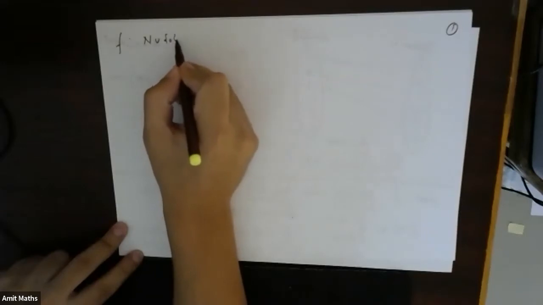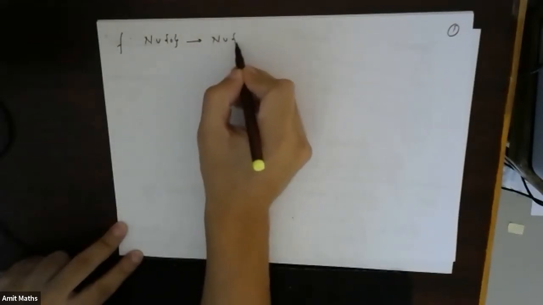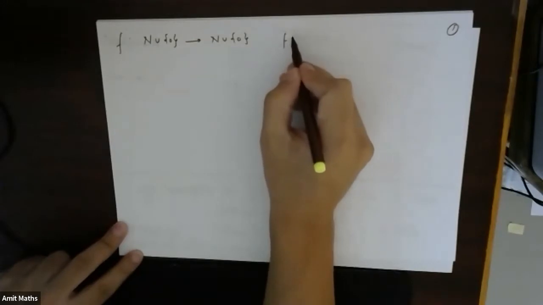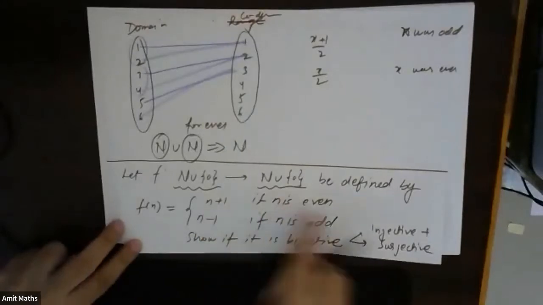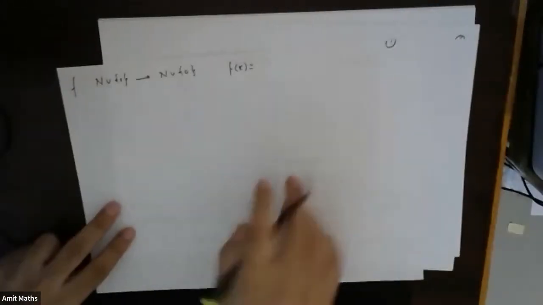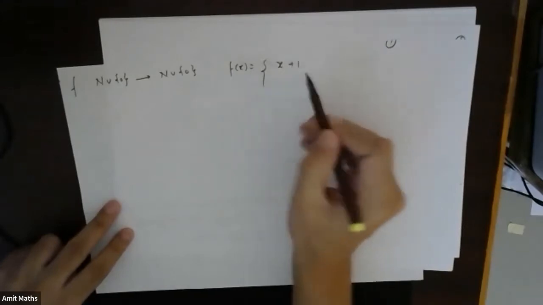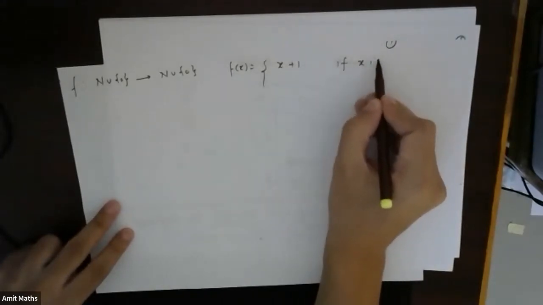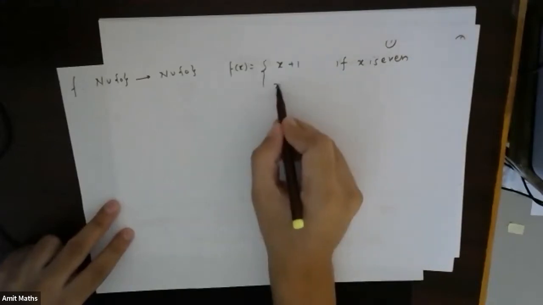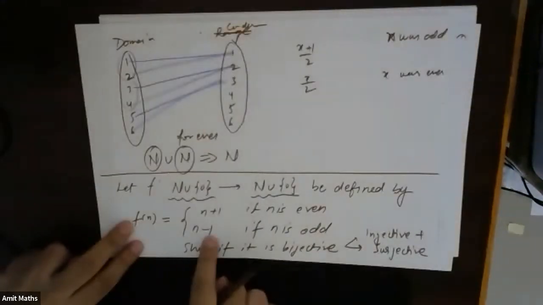Okay, I'll rewrite it. The function was from natural numbers union 0 to natural numbers union 0, and f of x was defined as x plus 1 if x is even, and x minus 1 if x is odd.